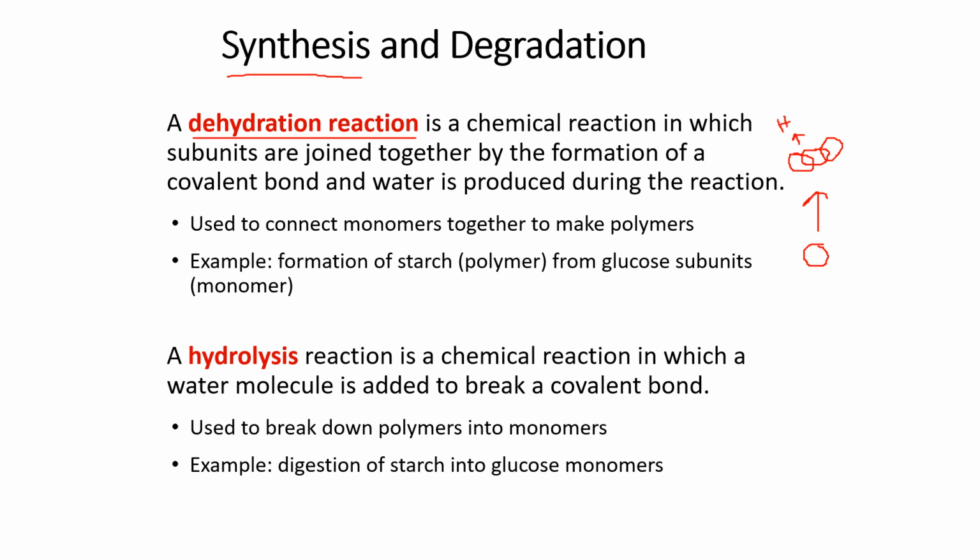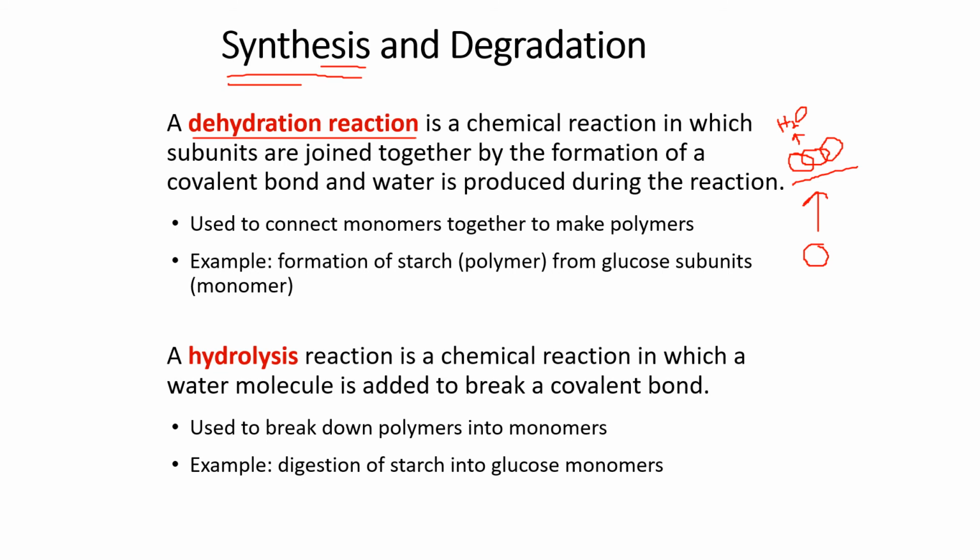And hopefully they'll show it in a second. And so that's the dehydration part, and then the synthesis, synth means to make, and esis is just the process of. So synthesis is the process of making. We're making this polymer.